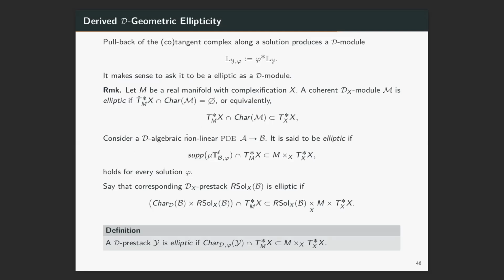And so you can then go through the same thing, and now we have when a nonlinear PDE is elliptic. If you take the resolution, so you take the cofibrant replacement of this algebra, so these are not derived, these are just classical, you take the candidate for the derived tangent complex, so it's again on the cofibrant replacement. You pull it back along the solution. You do this U thing.